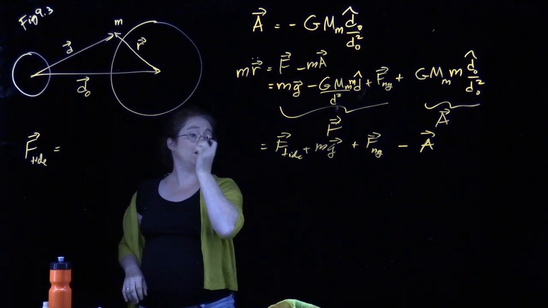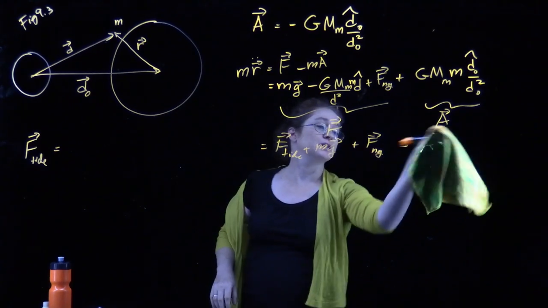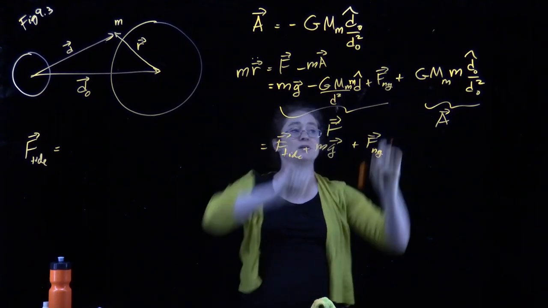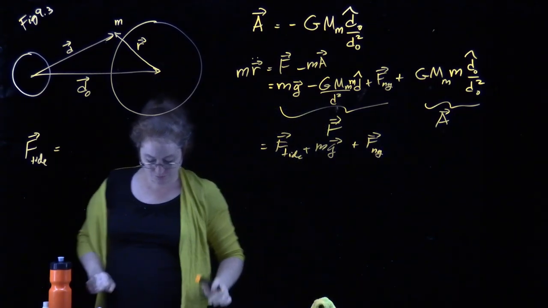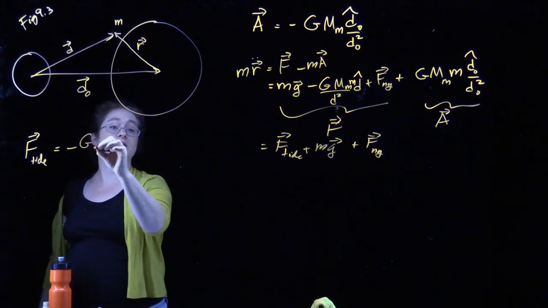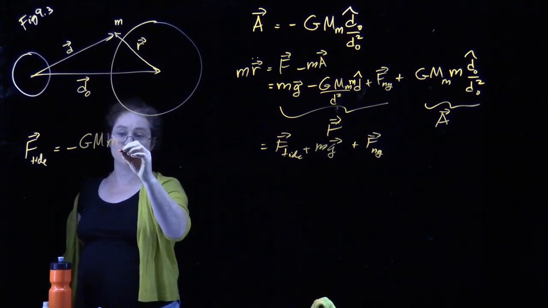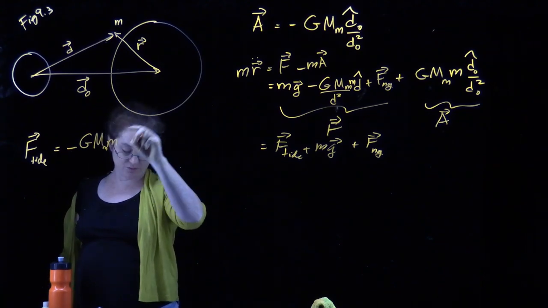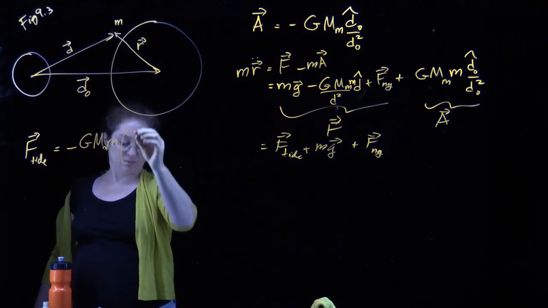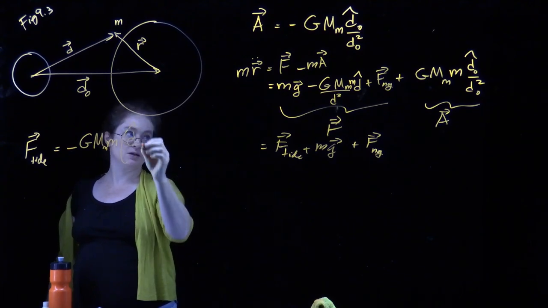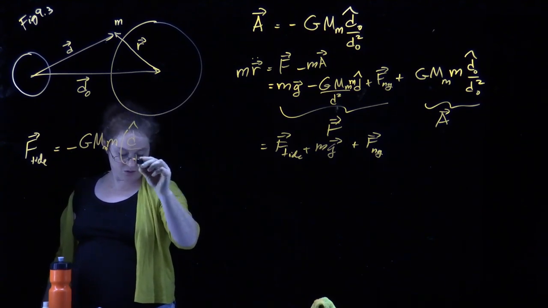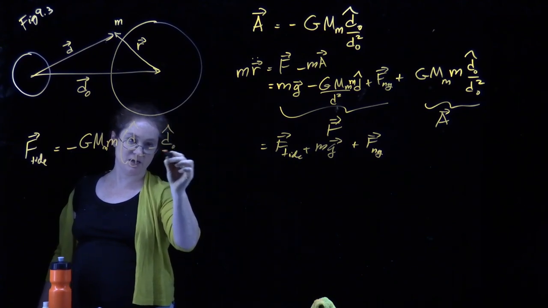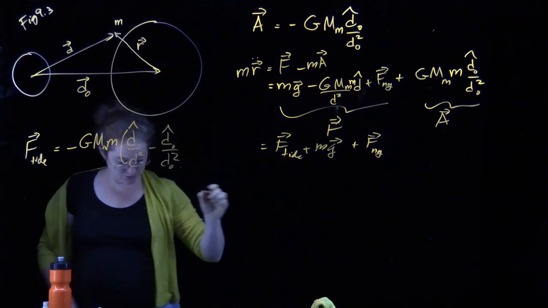I don't actually want the A. The force of the tides is the difference between these two forces. So the force of the tide is negative GMm, mass of the moon, mass of whatever thing we're testing, d hat over d squared minus d naught hat over d naught squared.